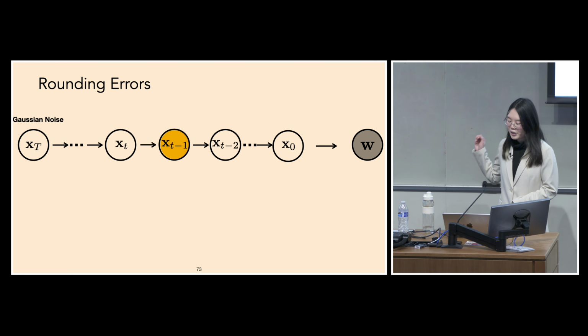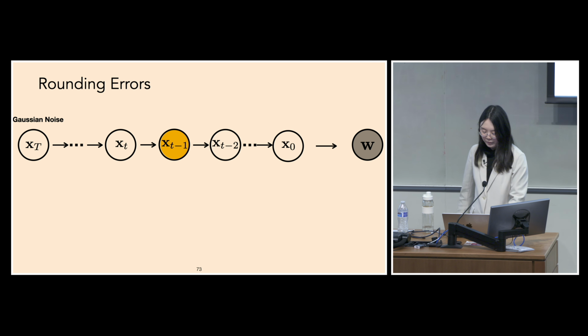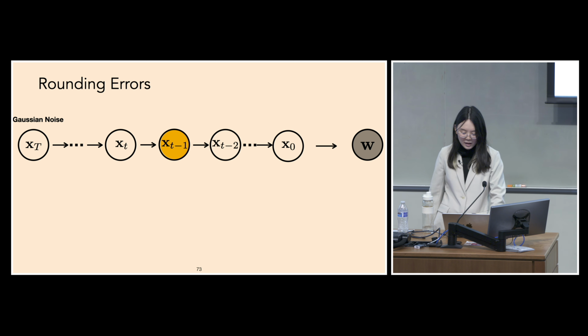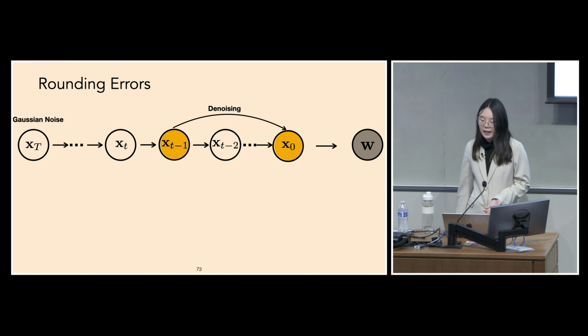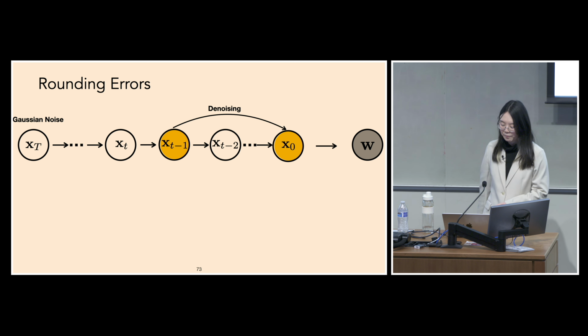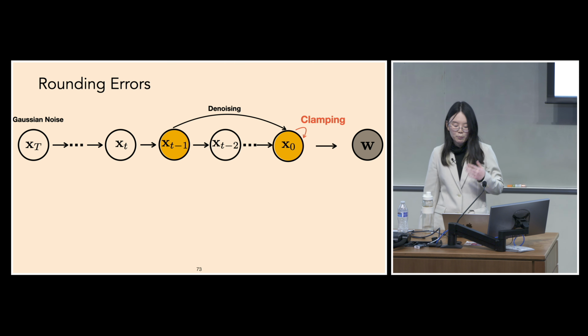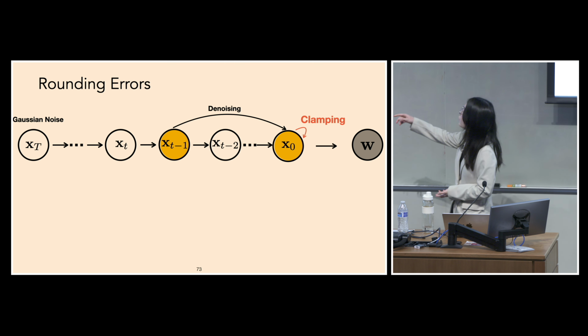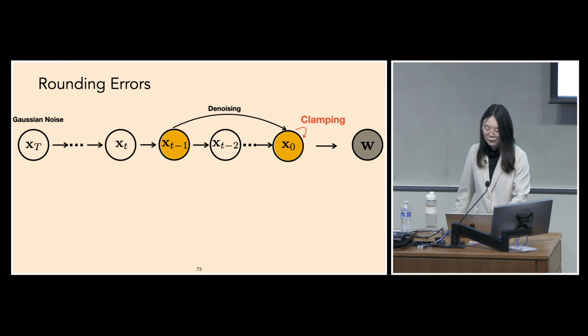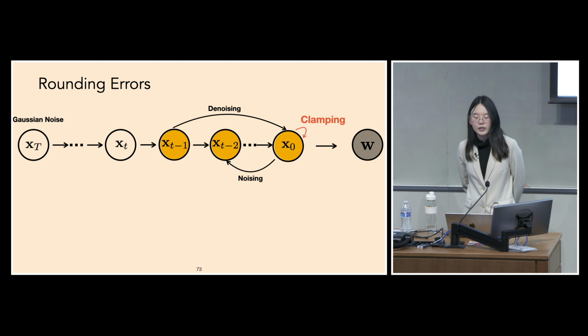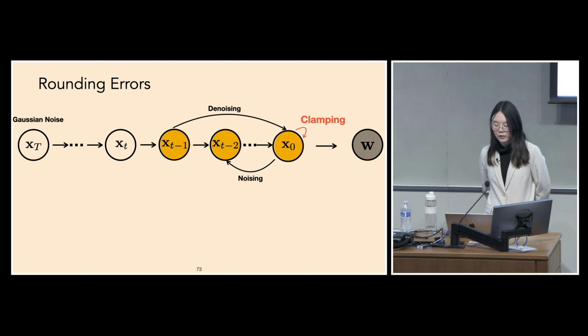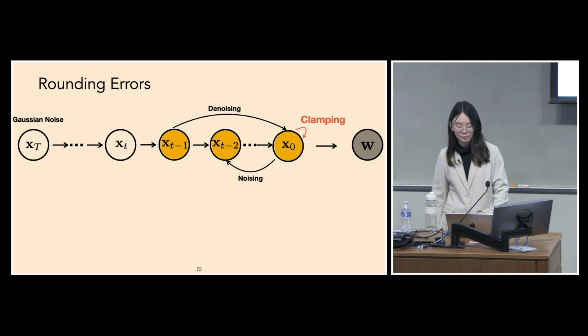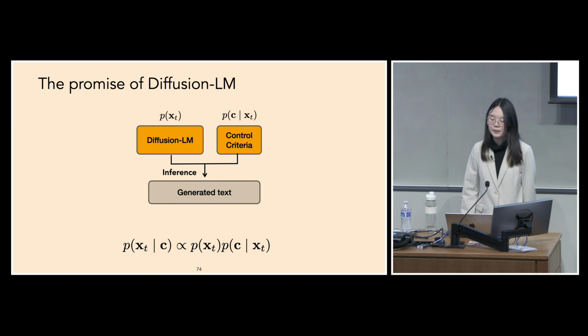So here's a demonstration of the full decoding step. We can start from xt minus 1. We denoise this vector to predict x naught directly. And then we clamp the predicted x naught to the nearest word embeddings. And finally, we add back some Gaussian noise to obtain xt minus 2, completing this transition.